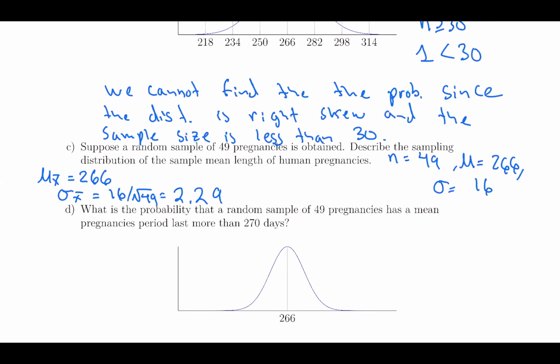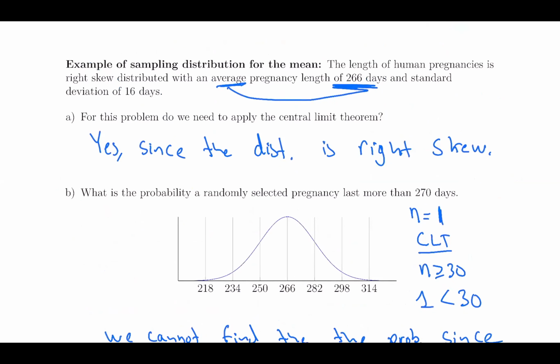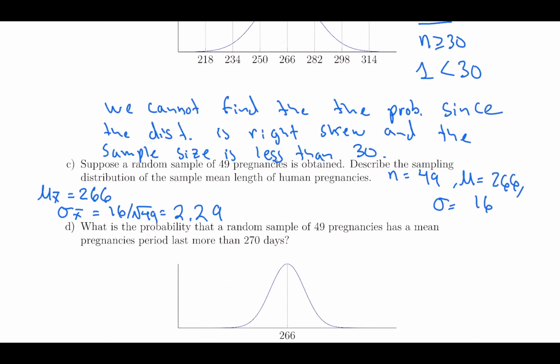All right. So for this one, can I say the distribution is normal? What you want to say is it's approximately normal because you have to use the central limit theorem, the fact that n is greater than or equal to 30.